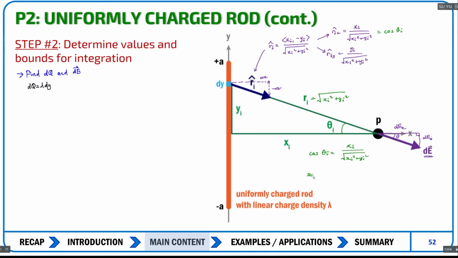I can have sine of theta i is equal to yi over the square root of xi squared plus yi squared. And I forgot this over here is actually negative. So this would mean this is negative sine theta i.